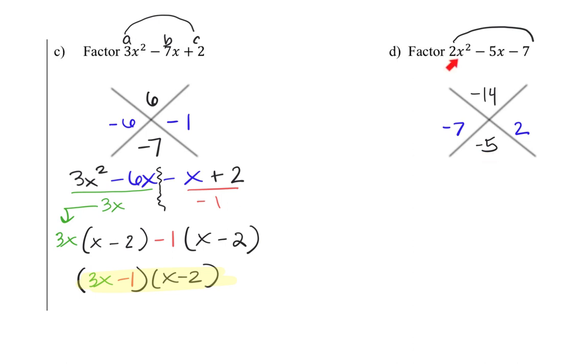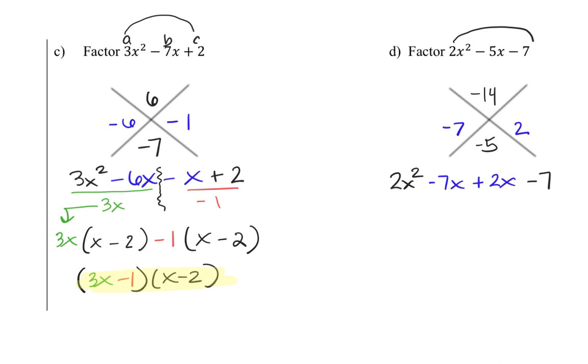Now we're going to rewrite the original trinomial with 4 terms. What would that look like? One possibility is 2x squared minus 7x plus 2x minus 7.